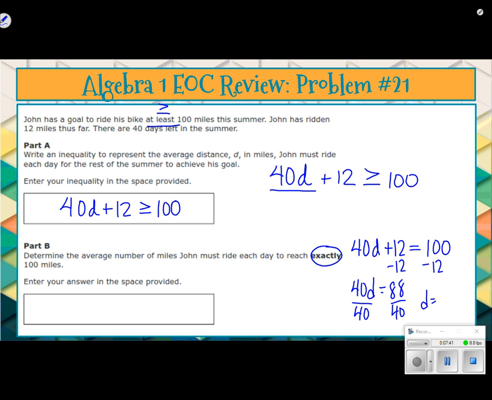So D equals 88 divided by 40, which is not going to go in evenly, 2.2. So he needs to ride 2.2 miles to get 100 exactly. If he wants more than 100, then he needs to do more than 2.2 every day.